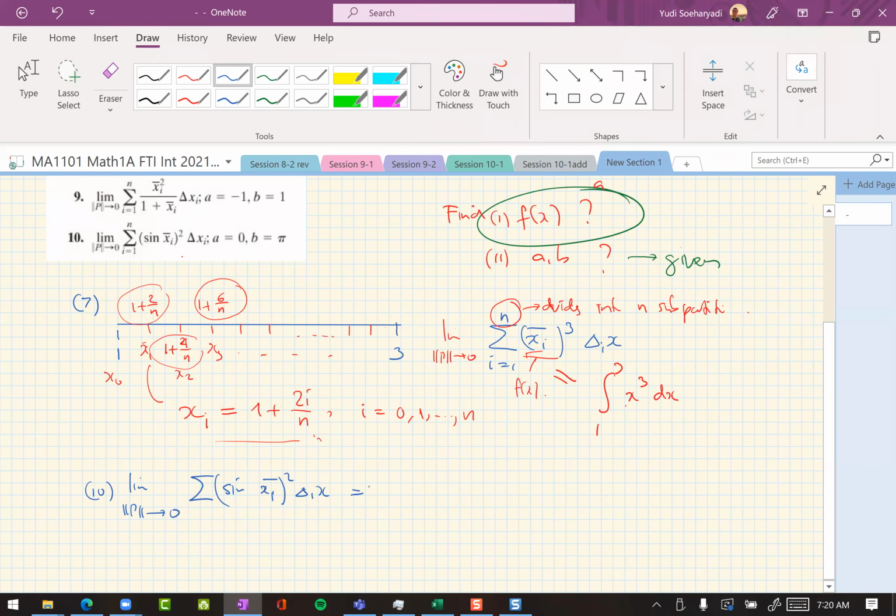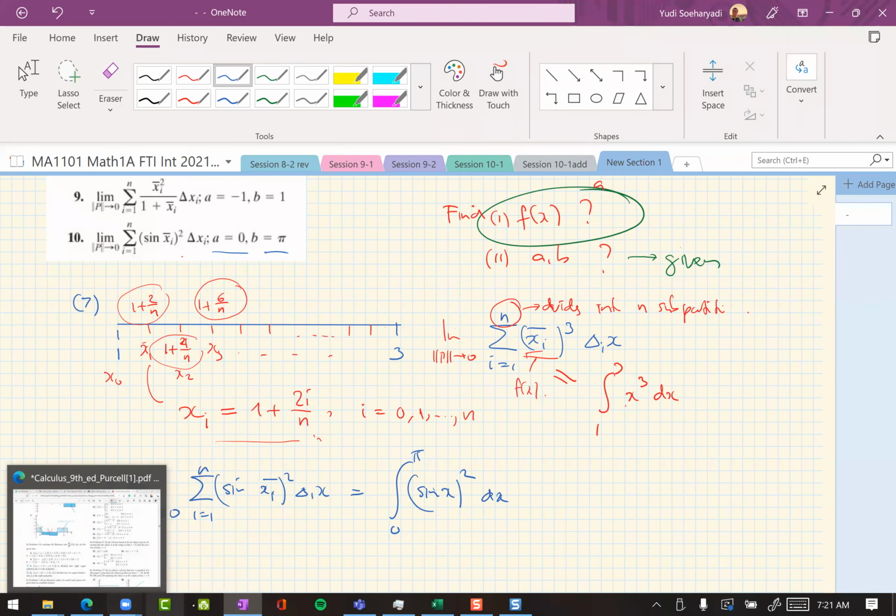So this is nothing but, this is i from 1 to n. This is given, but this would be just the integral of sine x squared dx. Any questions?